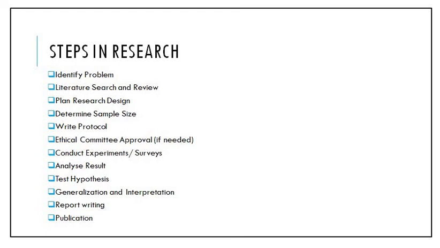Now, after we identify a problem, we try to search whether there is any work already in progress or already done worldwide. So we carry out a literature search or review.